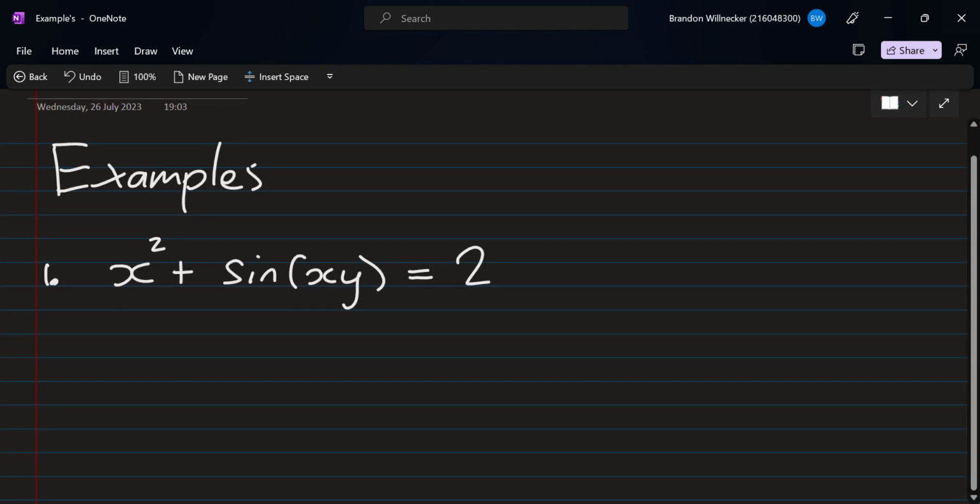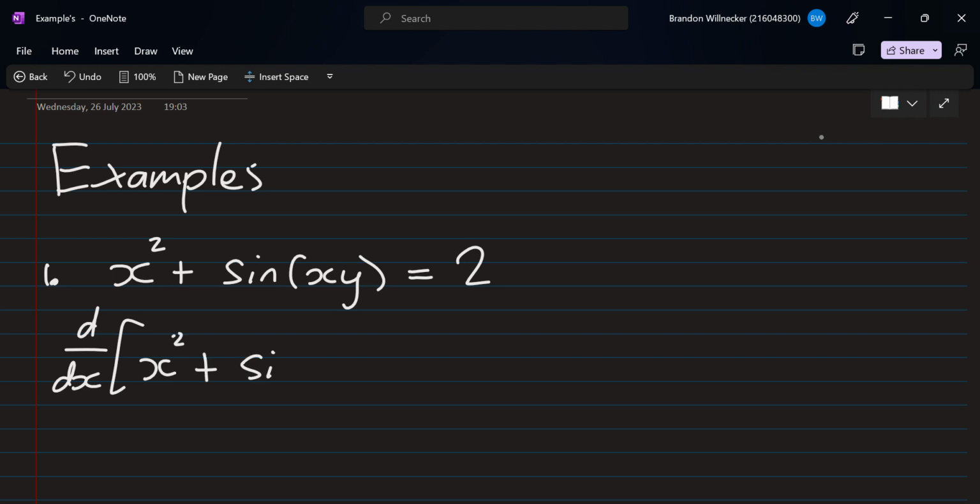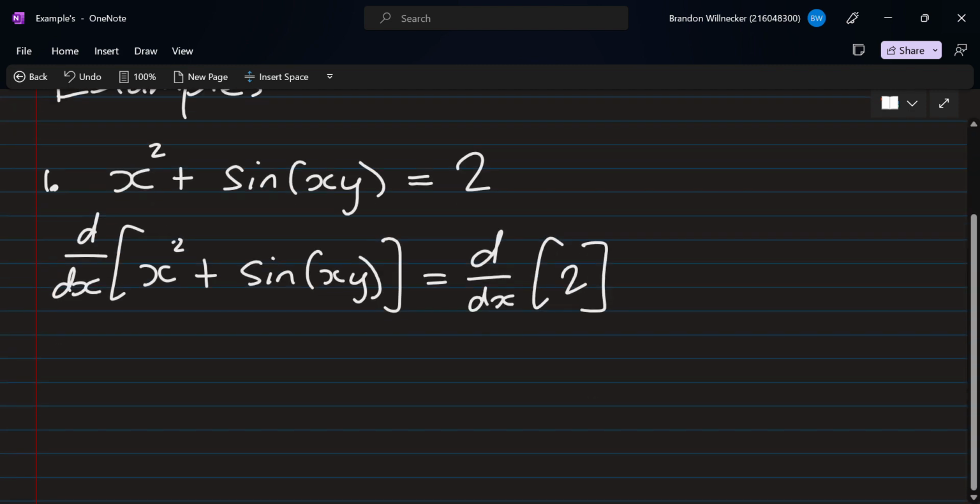Okay, as with all of the examples, the first step is to take the derivative on both sides. So d by dx of x squared plus sine xy is equal to d by dx of 2. Now we can take the derivative.